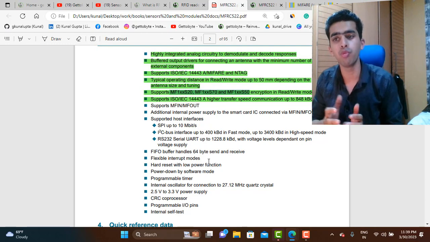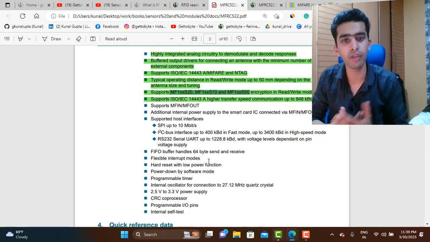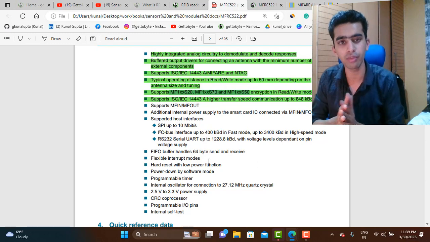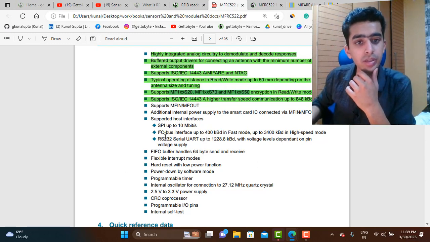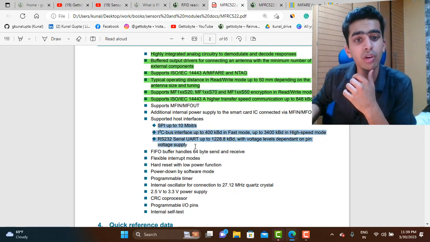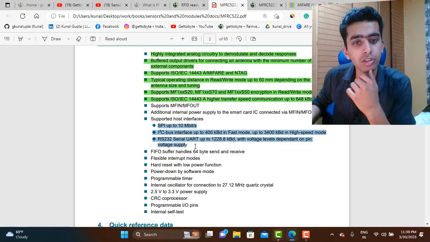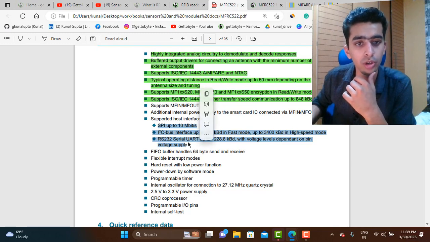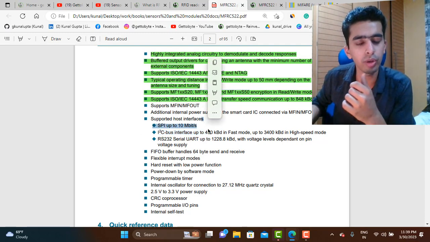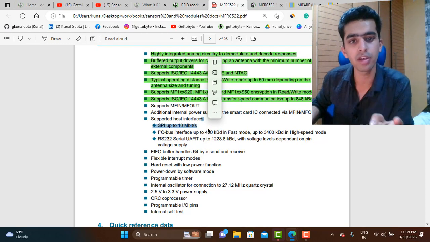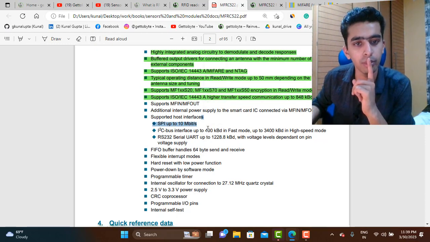So in what way would this MFRC522 be connected to our host microcontroller? That depends on SPI, I2C, or we can also connect it via the RS232 serial UART protocol. In our demo and tutorial we are going to use SPI communication, so we are going to connect this module's SPI pins with our host microcontroller's SPI pins.